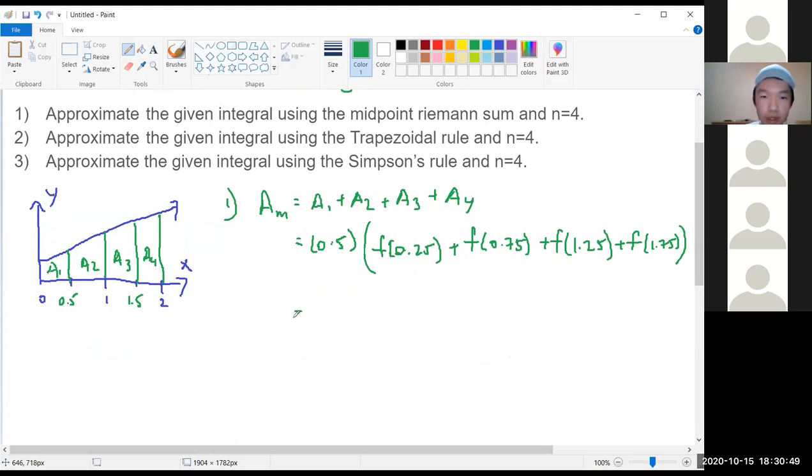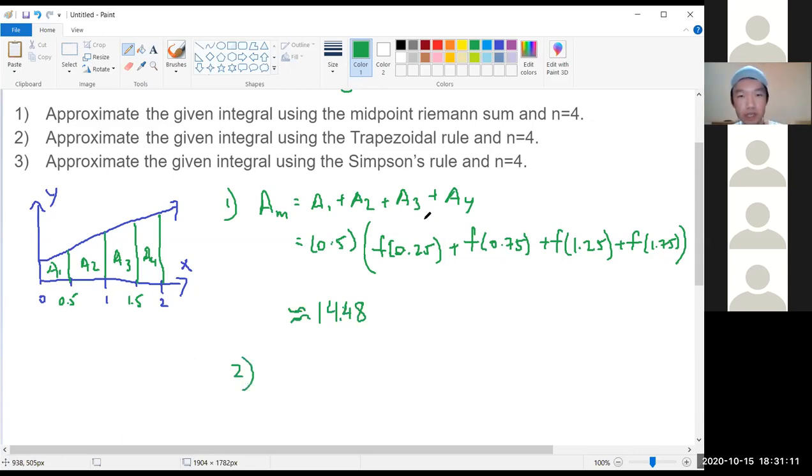I actually have this pre-done, so let me write down the answer that I got. I got 14.48, approximately.